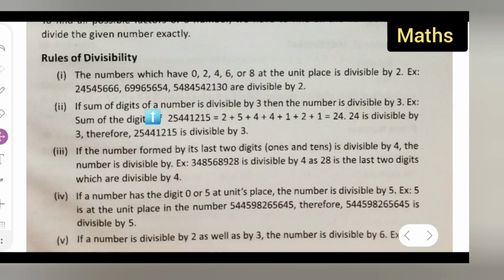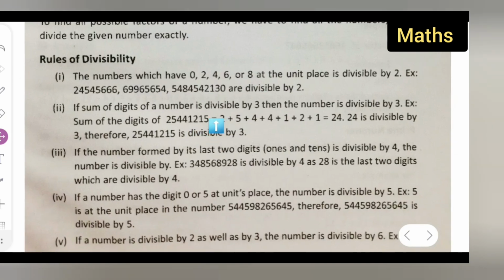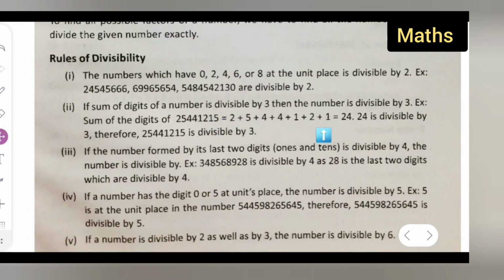Remember this. The second point is, if the sum of the digits of a number is divisible by 3, then the number is divisible by 3. Example, the sum of the digits of 25441215: if you add all these numbers and you get 24, and 24 is divisible by 3, therefore you can say that this given number is divisible by 3.